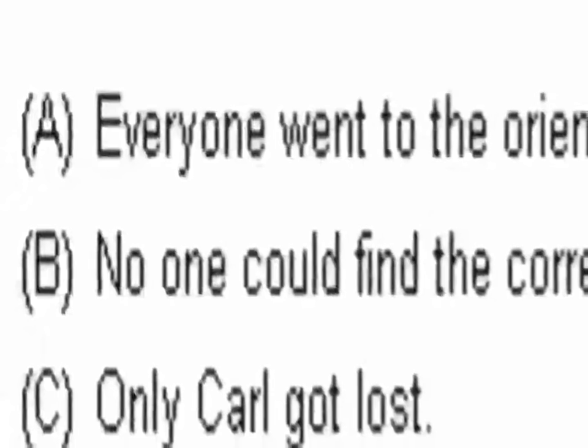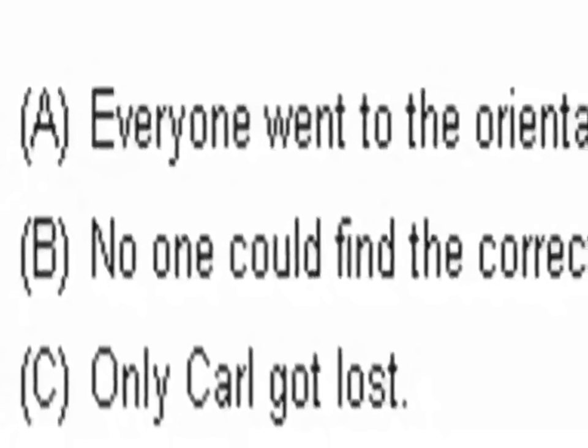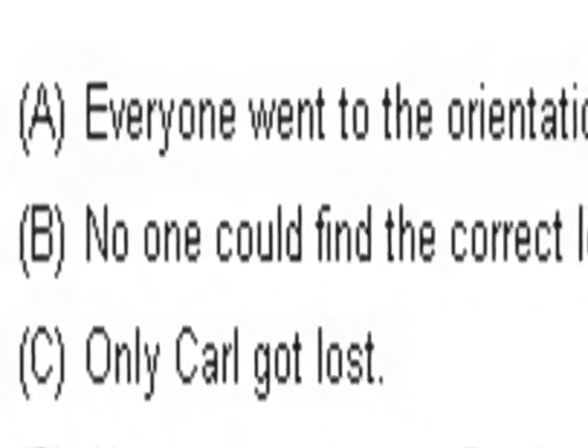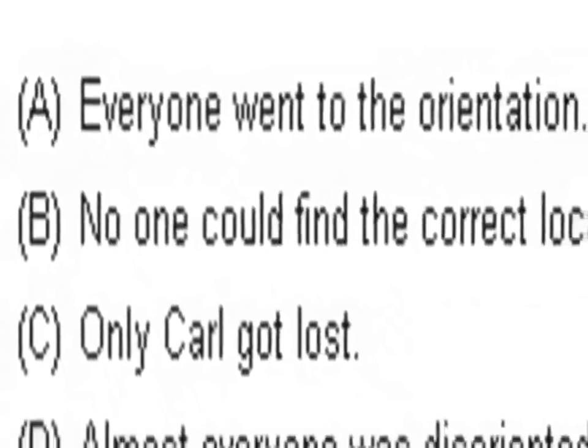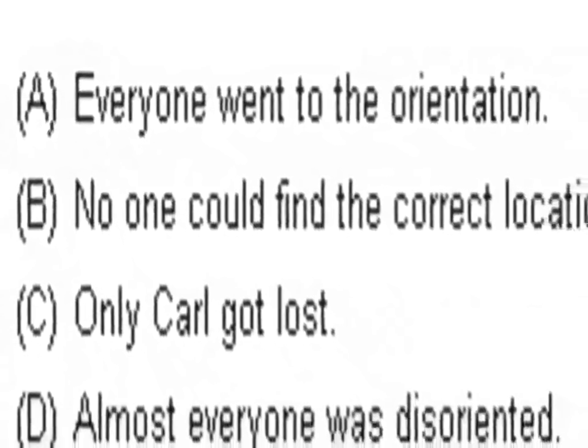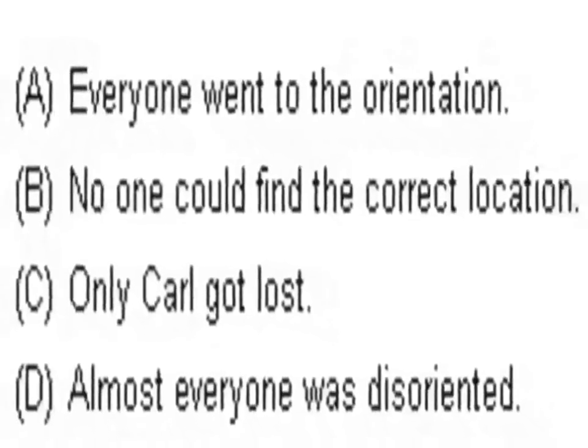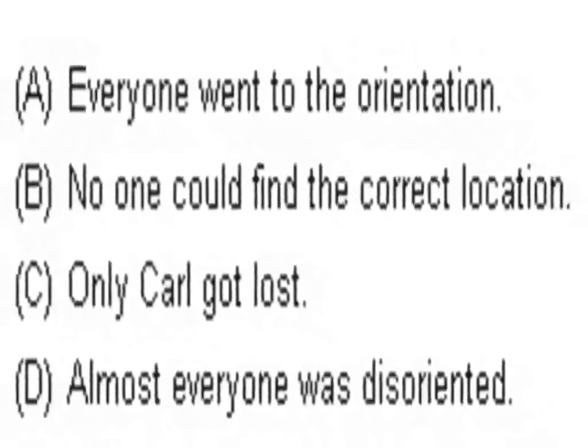Where was Carl during the orientation? He said he couldn't figure out where to go, so he missed it. Well, no one else had a problem finding the right place. Number 29. What can be inferred from the conversation?